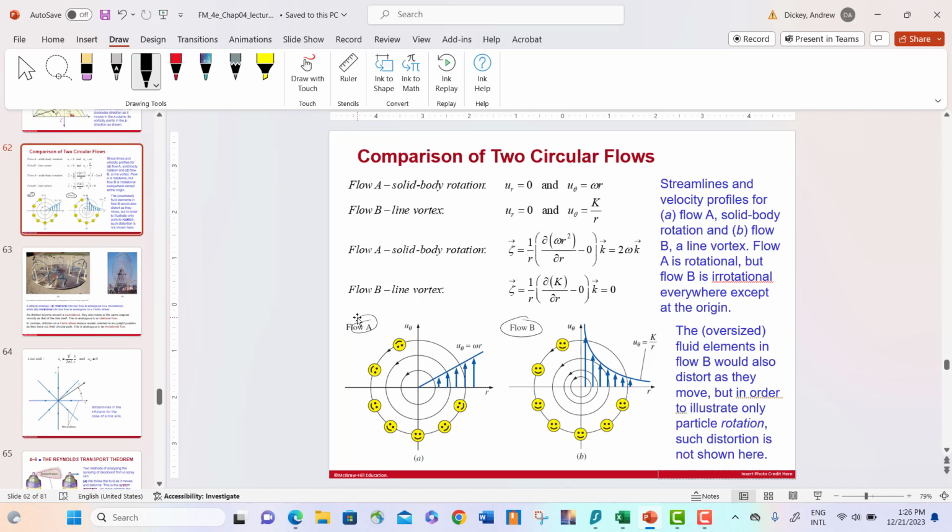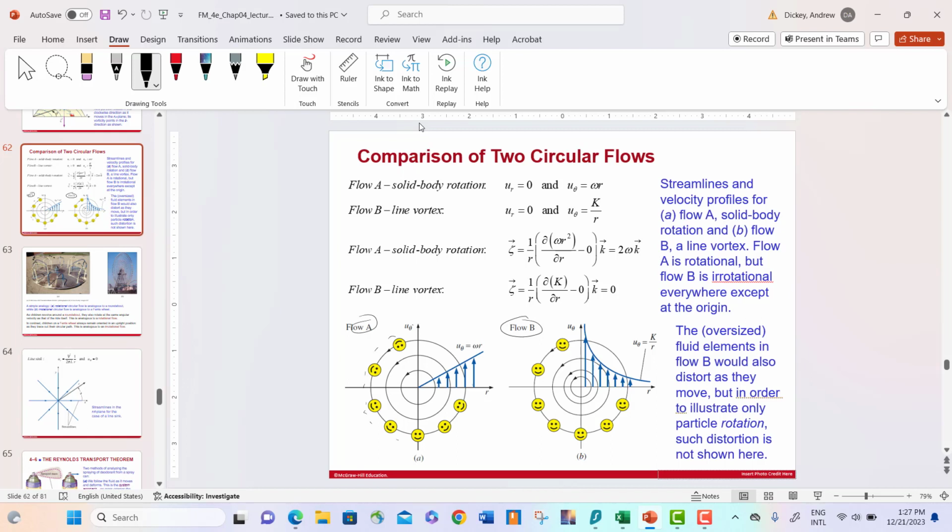Okay? And so here, if we look at flow A, U_R is equal to 0 here. And then U theta, which is up here, is equal to omega R. So as you can see, we're rotating.